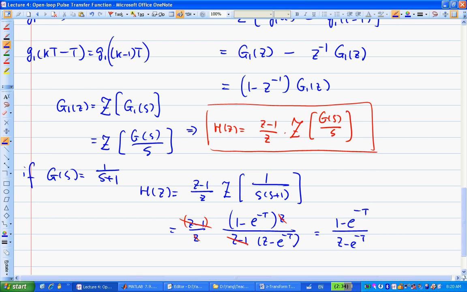So this is a Z transform, then the inverse of this Z transfer function is supposed to give us also the impulse response.